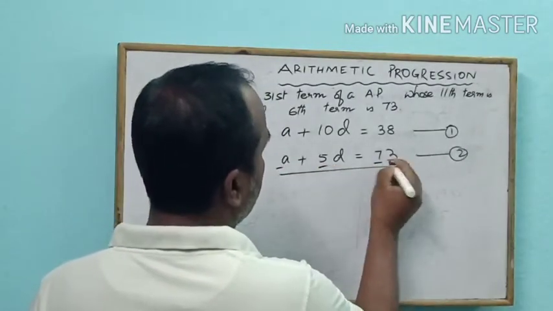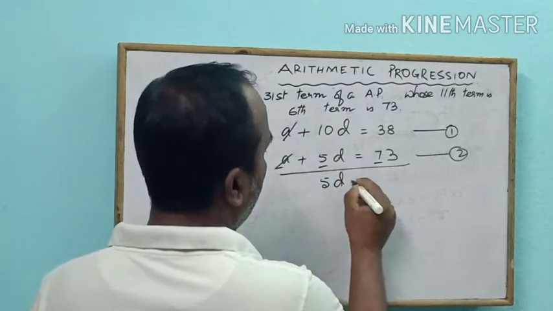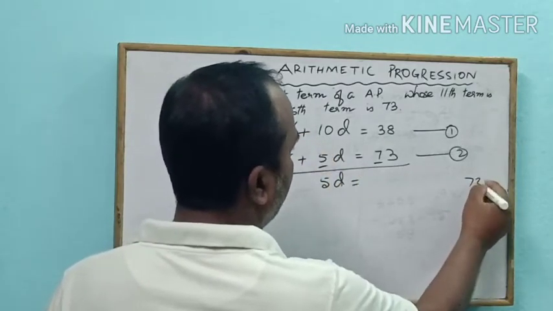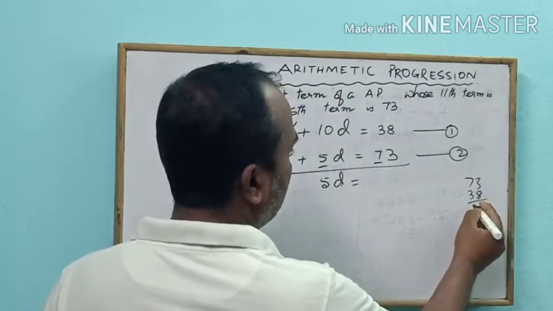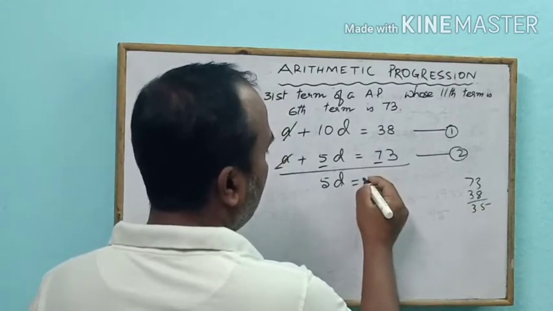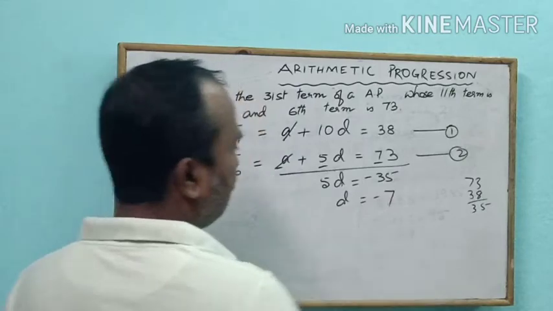We will solve both of them simultaneously. 1 minus 2, that is 5D equal to 38 minus 73, that is minus 35, or D is minus 7.